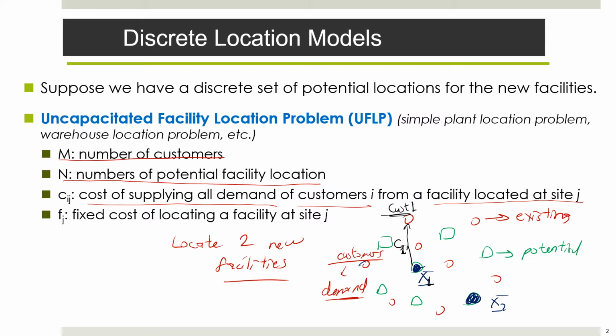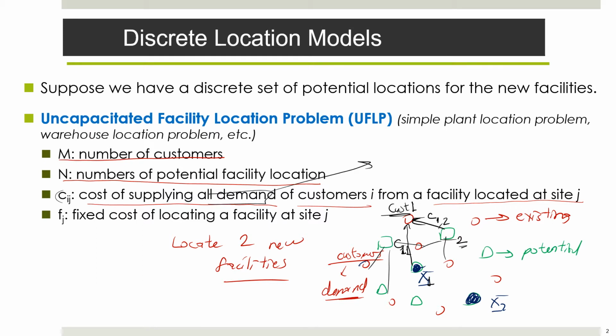Initially we don't know, of course, which one of these green ones will be selected. Therefore, we have all these costs. Let's assume that this is the second potential location for your new facility. If you satisfy this customer from this one, then the cost will be C12. So for each customer and for each potential location, there is a cost of satisfying the demand.